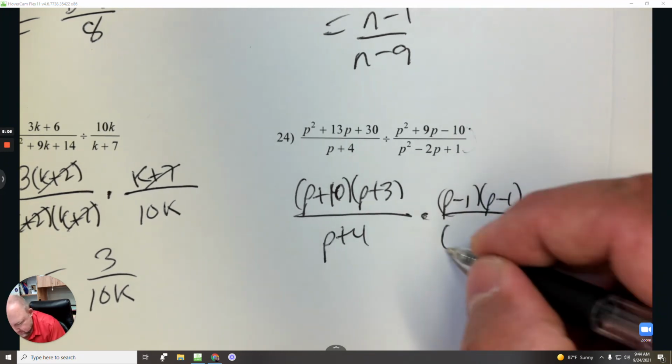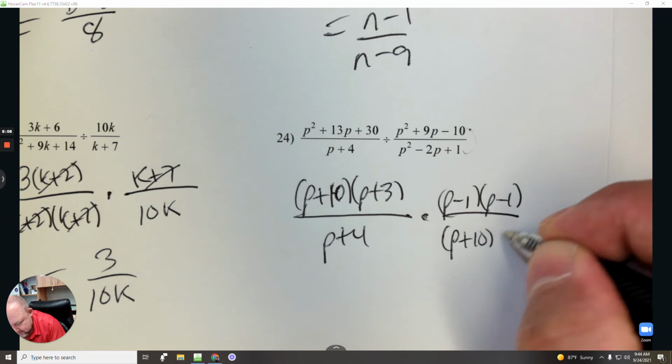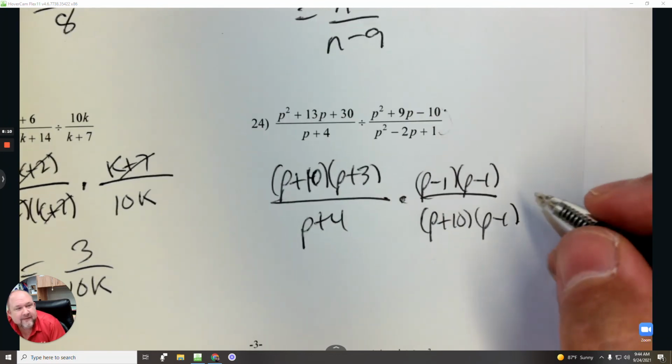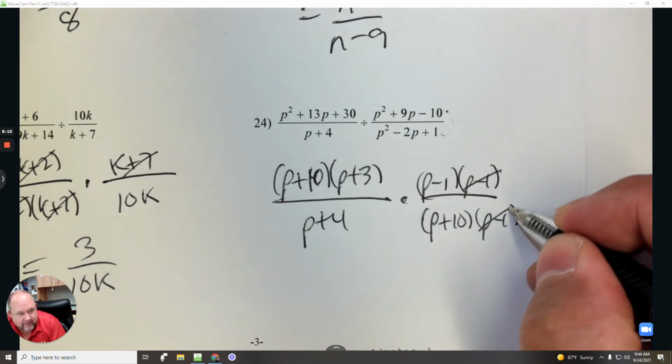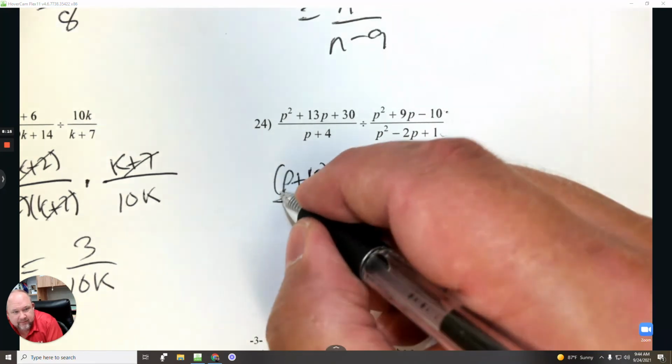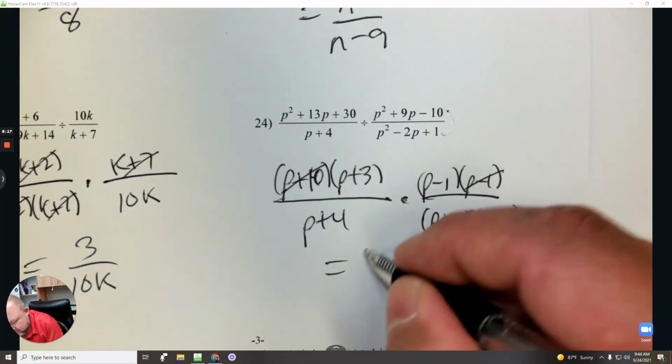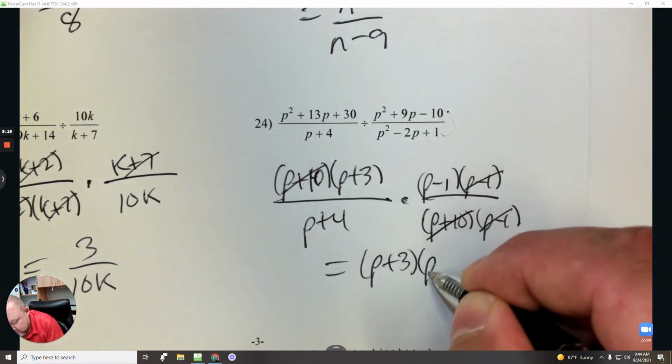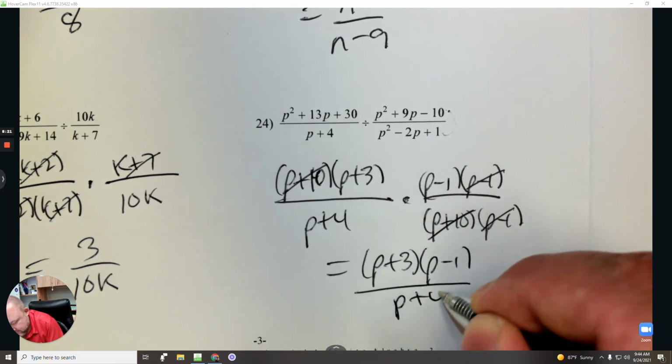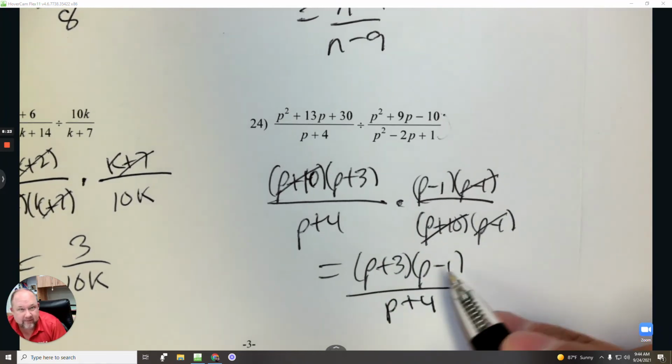When I bring this to the denominator, that's p plus 10, p minus 1. So 1 eliminates, not both. P plus 10 eliminates, and then my answer. And again, I'm not going to expand it, so you can just leave it in factored form. So if it doesn't eliminate, what's left is your answer.